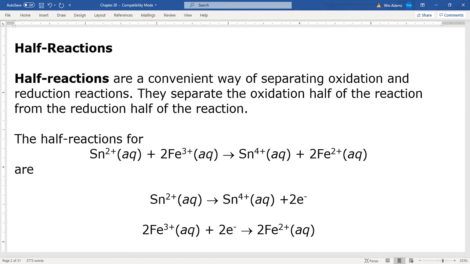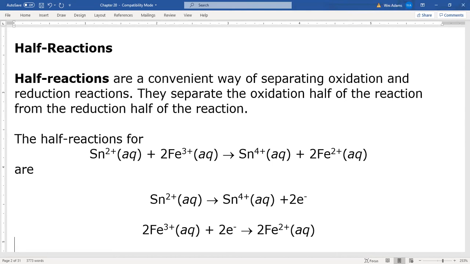Iron is going from plus 3 to plus 2, so it gains 1 electron, where the tin is losing 2 electrons. So I need 2 irons, each gaining 1 electron, to even out for the tin. And so to get the electrons the same, we have to have 2 irons.